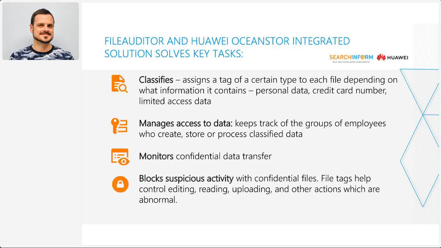It classifies all those files in accordance with the security policies that you have previously assigned to the system. It assigns personal tags to those sensitive files depending on which particular rule they fall under. And it allows you to further manage those files in accordance with the classification and tagging that we did before.